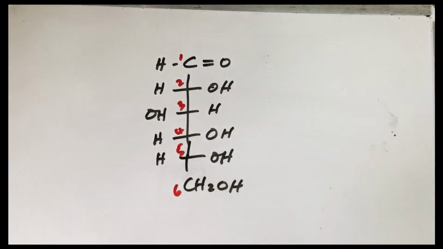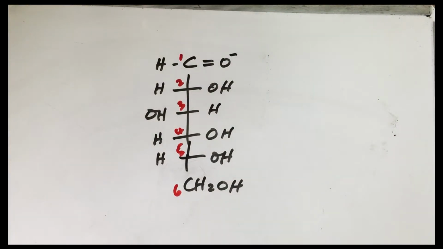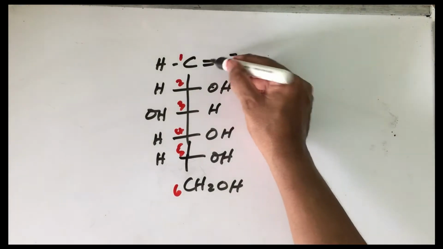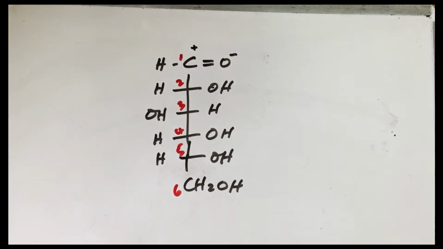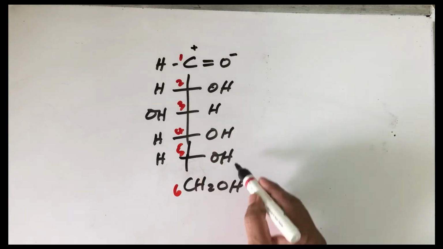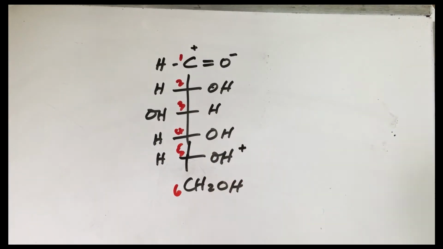Let us understand that oxygen is highly electronegative, so it will develop a negative charge here. Since oxygen is developing a negative charge because of the double bond, there will be a mild positive charge on the carbon atom. The similar thing will happen to carbon number 5 also. Hydrogen will have a positive charge and oxygen will have a negative charge.